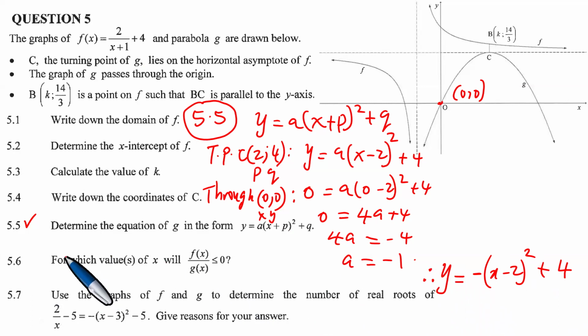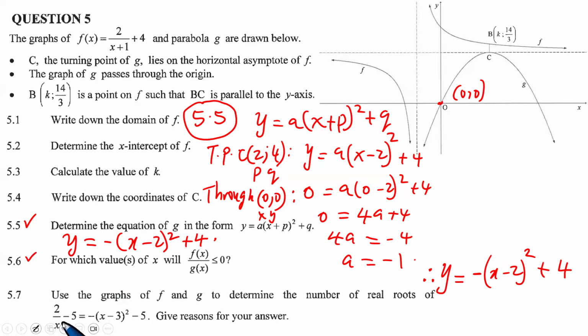And we were to determine the equation of G in that form. In other words, the equation of G in the required form is y equals minus (x minus 2) squared plus 4. The next thing is we need to do 5.6.